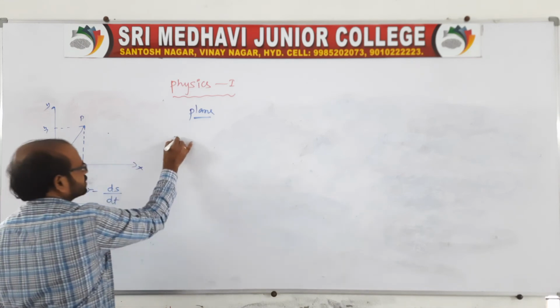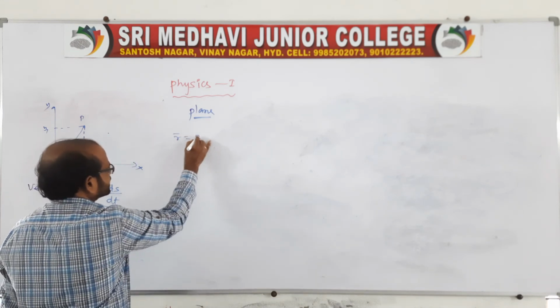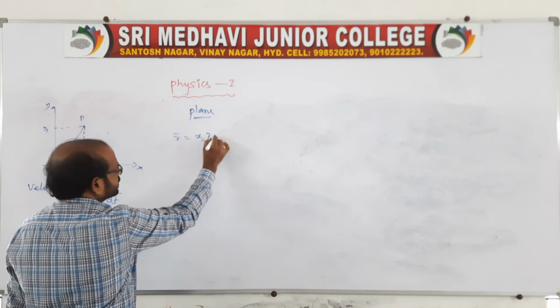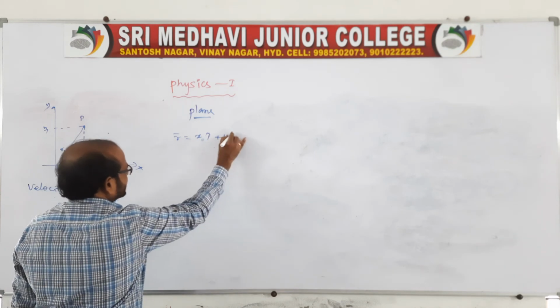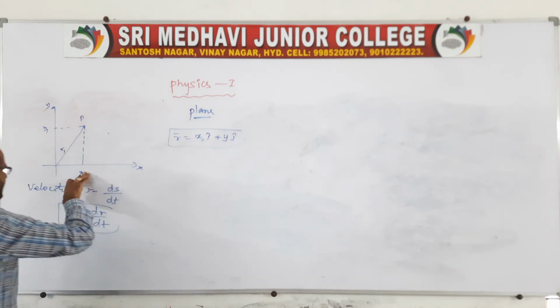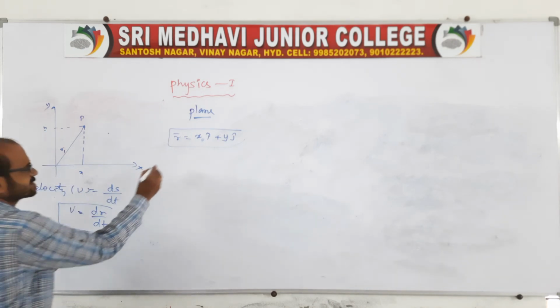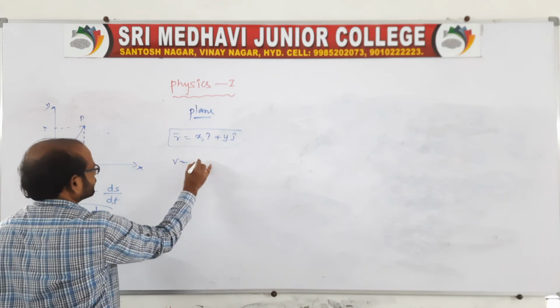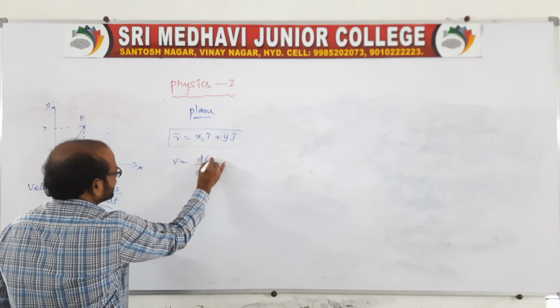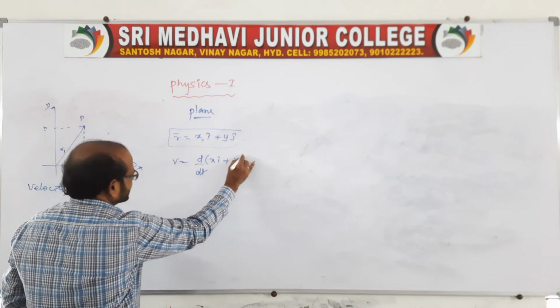Sir, what is r? We can say r is equal to the position vector, x i cap plus y j cap. The given x, y is like this. Suppose here you write velocity v is equal to d by dt of (x i cap plus y j cap).